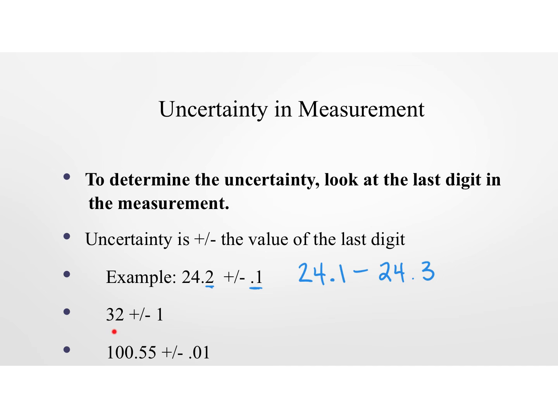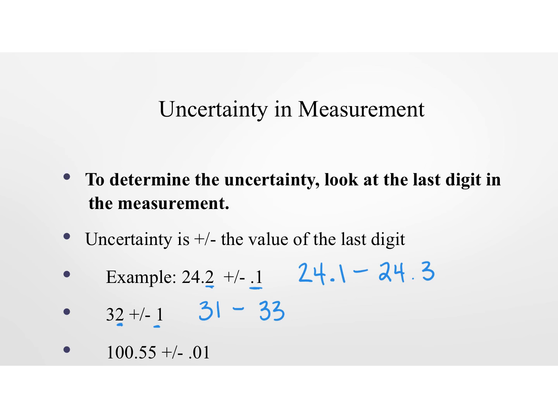If we look at 32, your last digit is in the ones place. So then your uncertainty is plus or minus 1. What's 32 minus 1? What's 32 plus 1? So if you guess 32, then your range is really somewhere between 31 and 33.